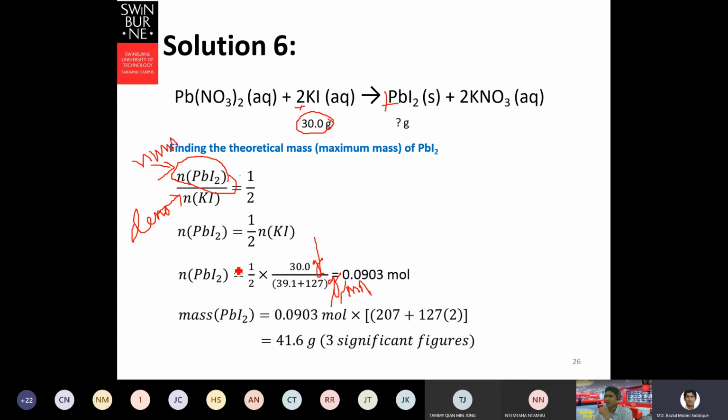So the gram and gram cancel out, only the mole is left. So the total is 0.0903 moles.